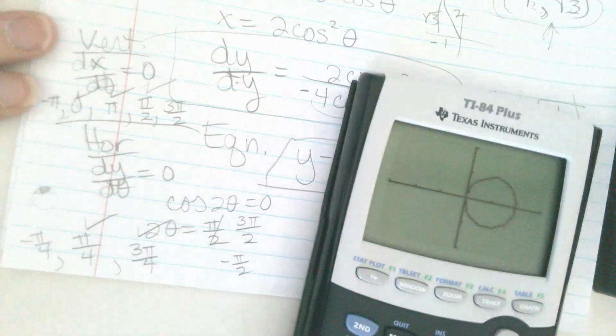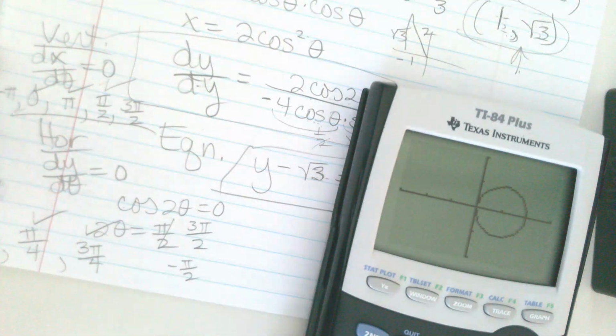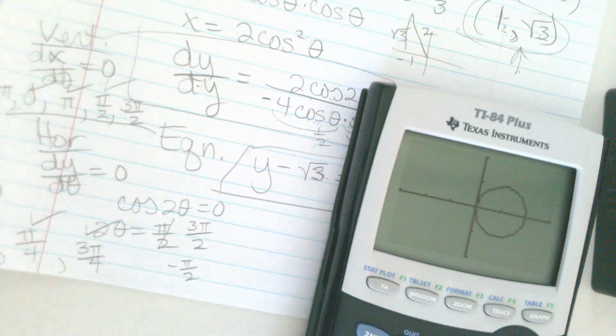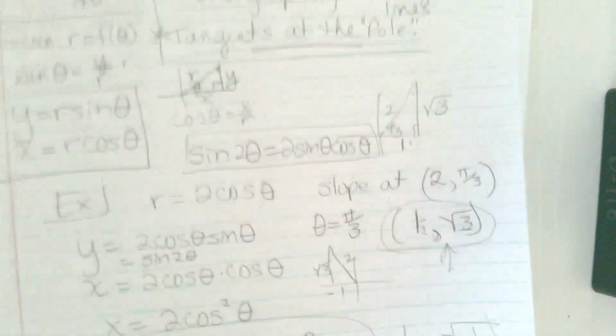So we got our equations. We actually figured out where the slopes of the tangent are vertical and horizontal. Now, the tangents at the pole, the last little thing.